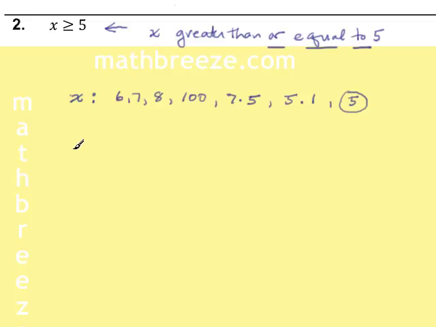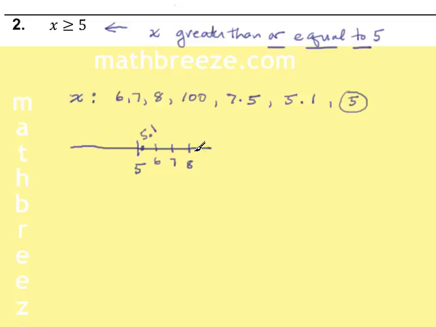All right, let's draw a graph on the number line of x values that are greater than or equal to 5. So here's the number line. We mark where 5 is, and maybe we'll mark just a few other values, say 6, 7, and 8, and maybe here 5.1.